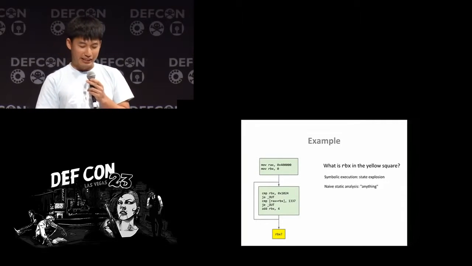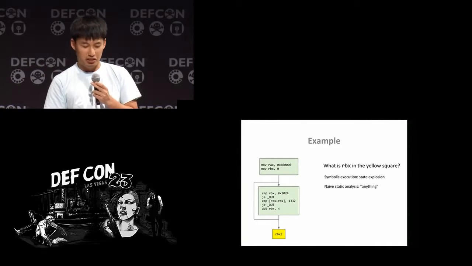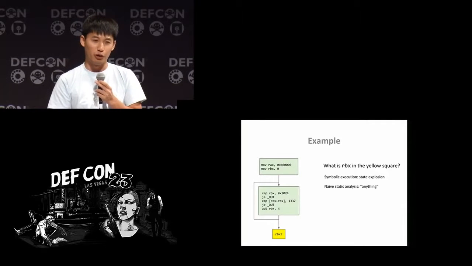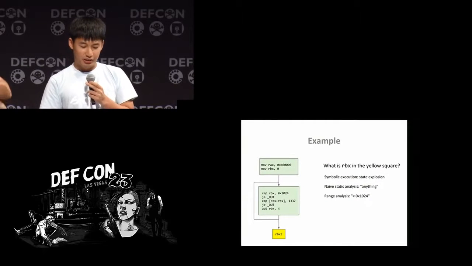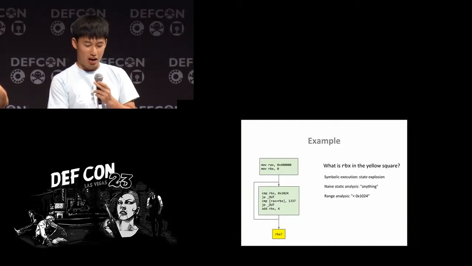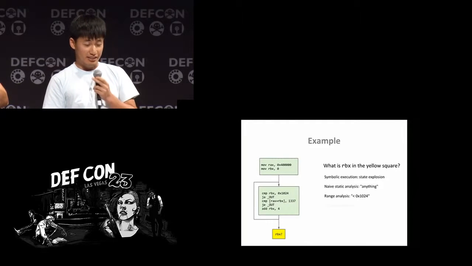If you are using naive static analysis, RBX would be anything, because we are not following every single branch, and maybe we are only following one iteration of the loop. With range analysis, we can actually tell RBX is less than 0x1024. Is that good enough? Can we do better?